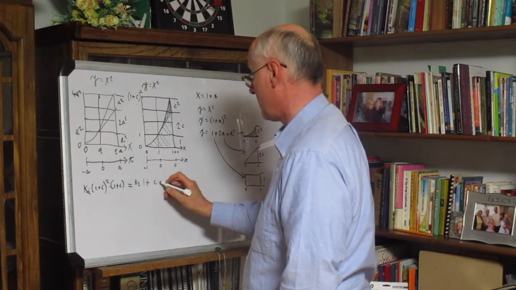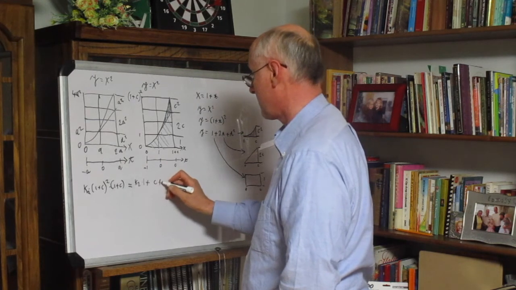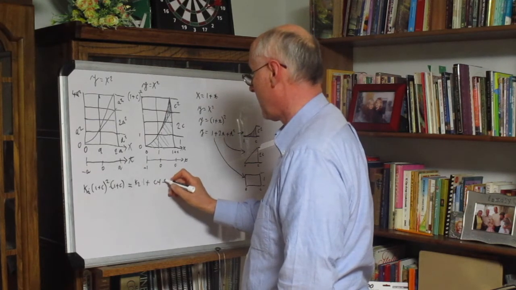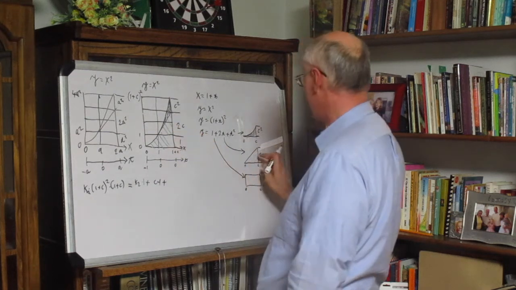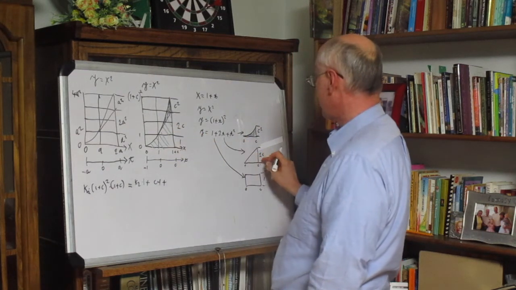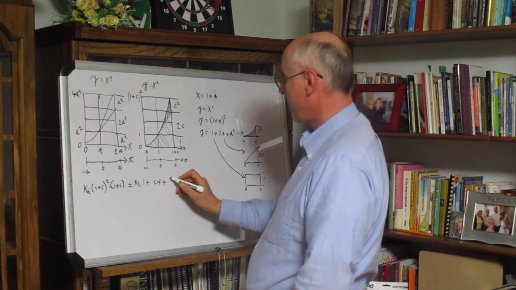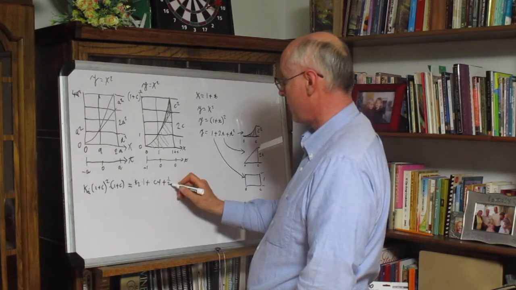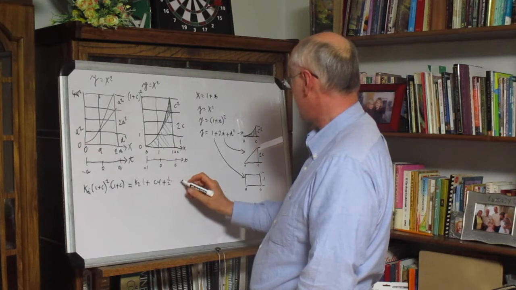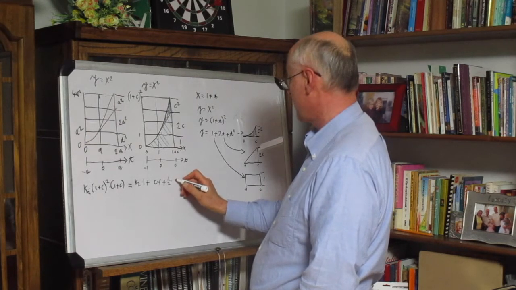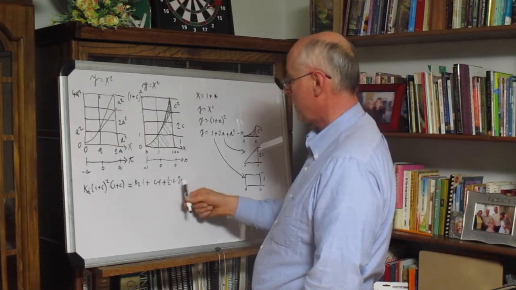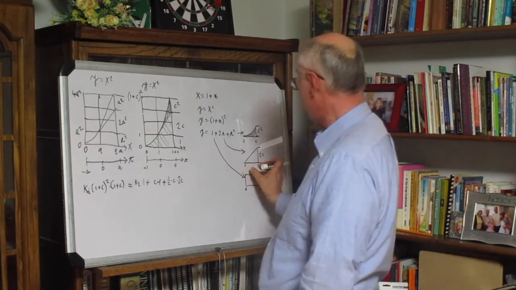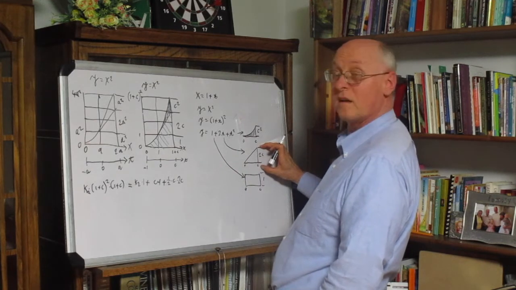C times 1, 1 times C, right? Plus the linear term. The linear term is 1/2, that's our K factor for linear, times C times 2C. Right? Base times height.